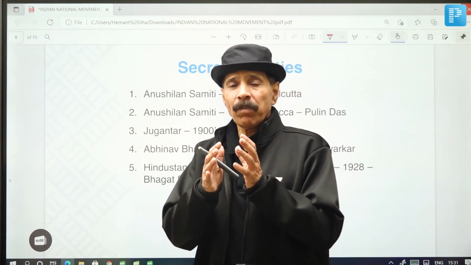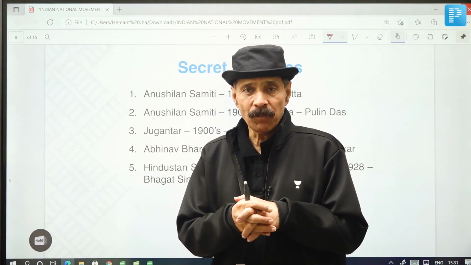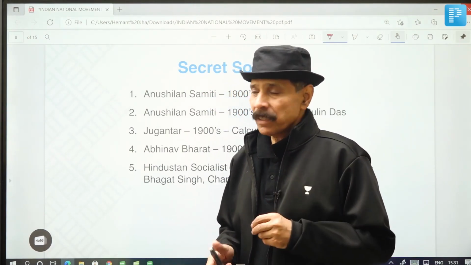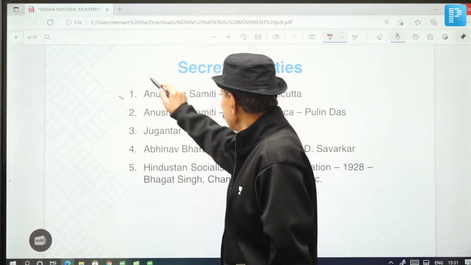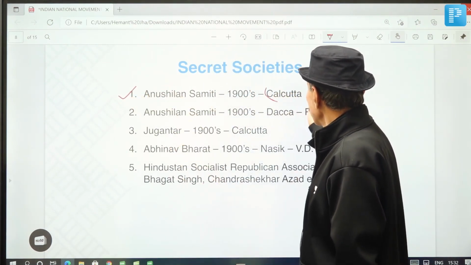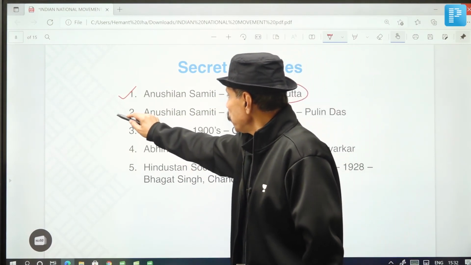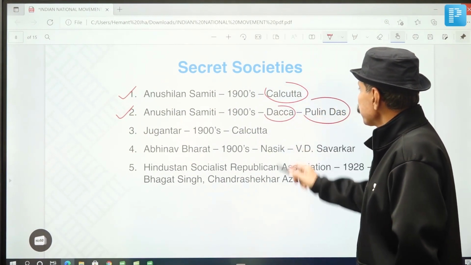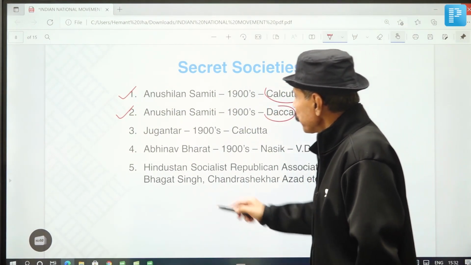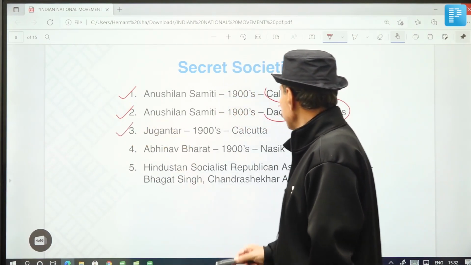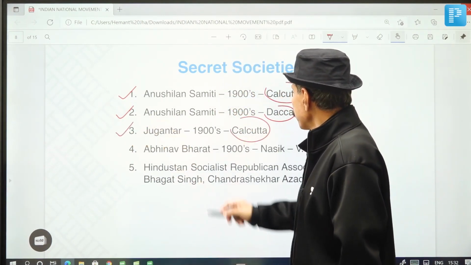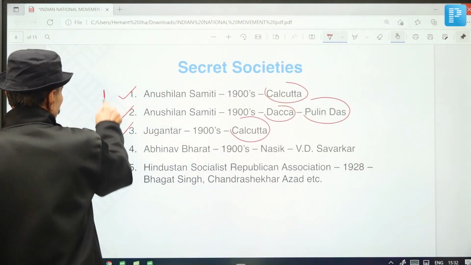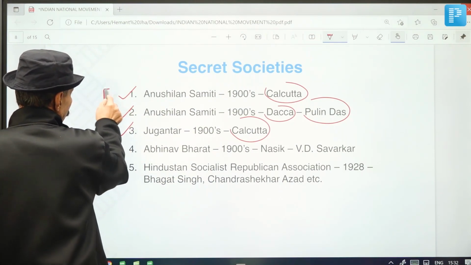So the platforms of the revolutionary movement were various samitis. You should remember the names of these samitis. One, Anushilan Samiti, Calcutta. There was one more Anushilan Samiti, Dhaka. The founder was Pulin Das. Period is roughly the same. Third, Jugantar, also Calcutta. So the first three are associated with the Bengal region.